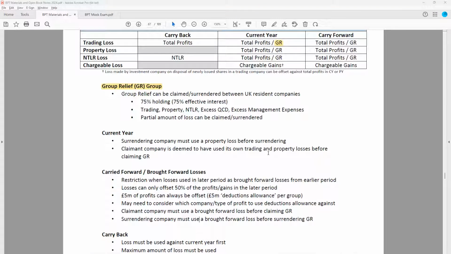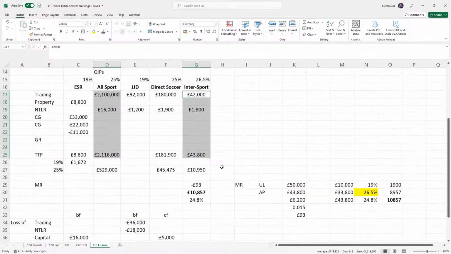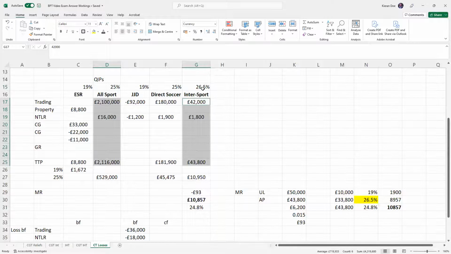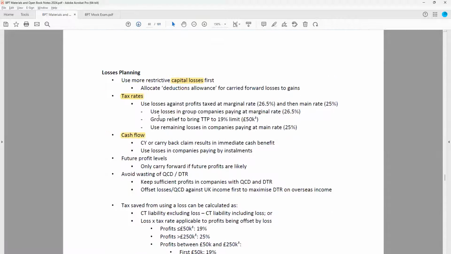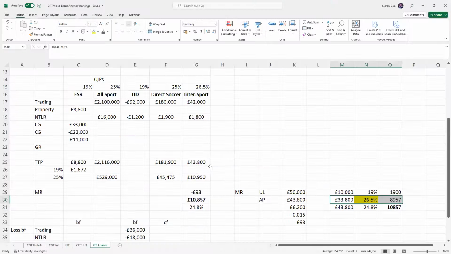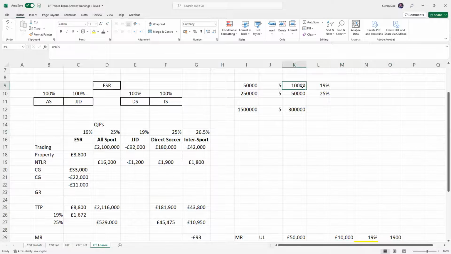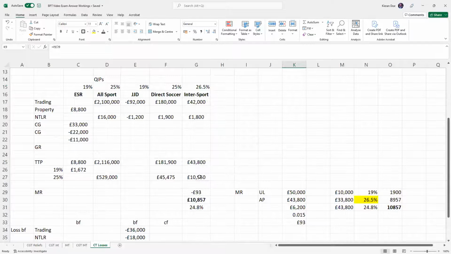Now, the main issue, as we've explained, is who should it surrender to? Well, as we've said, Intersport is paying tax, and some of those profits are falling into the marginal rate. So it'd be best to surrender there. As we've already explained with the tax rates and how they work, because Intersport is above the 10K, it's paying at the main rate, but it's getting marginal relief because it's less than 50K.